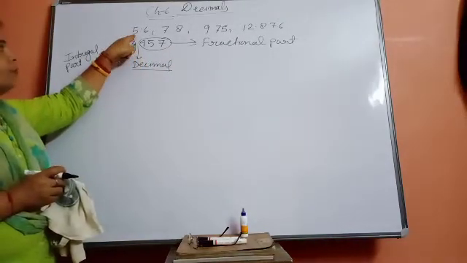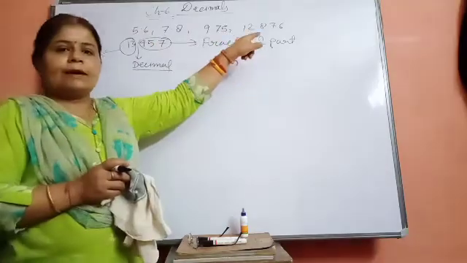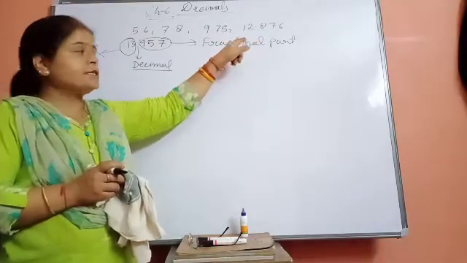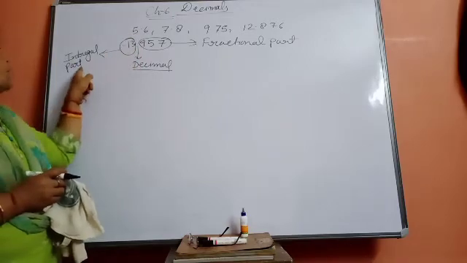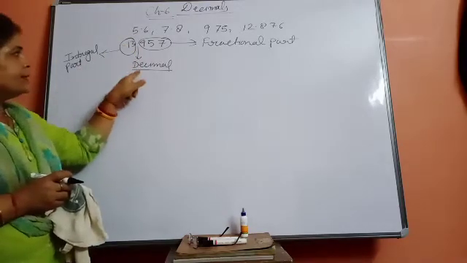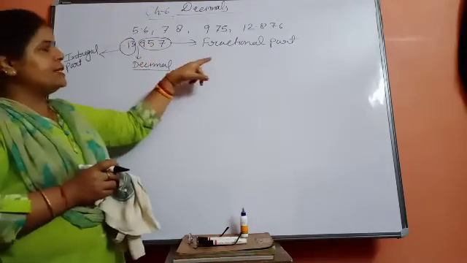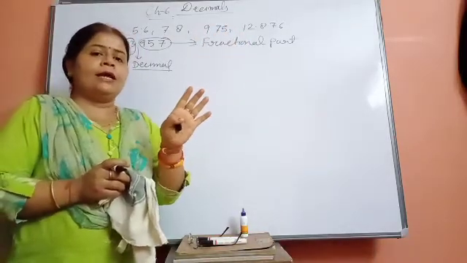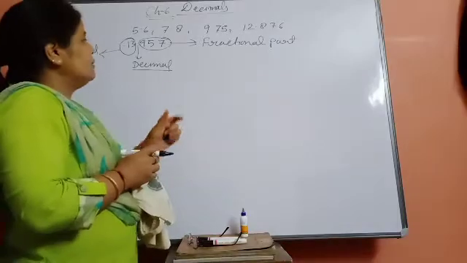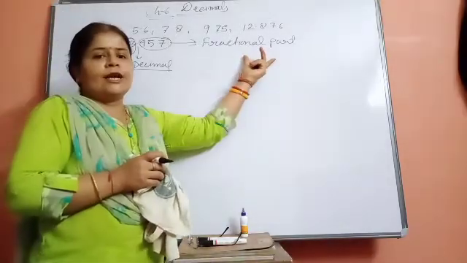We have given some examples of decimal numbers. The part before the decimal is the integral part. Then the decimal comes. Then after the decimal, whatever number, 3, 4, 5, 2, 1, in whatever quantity, that is known as the fractional part.